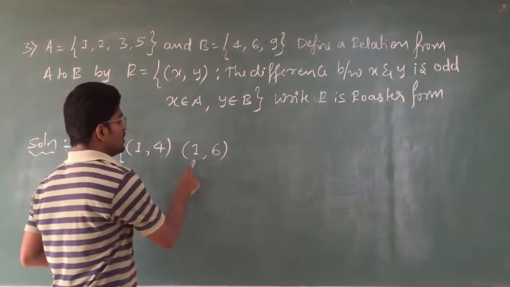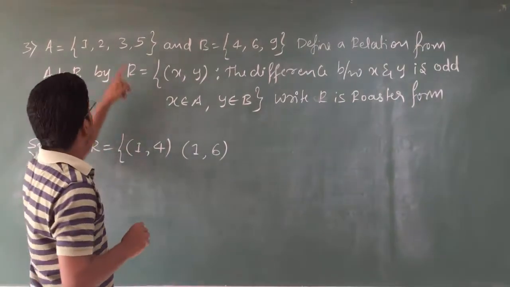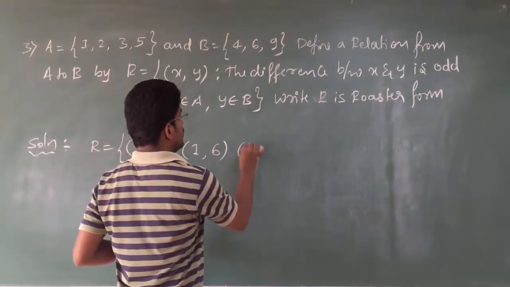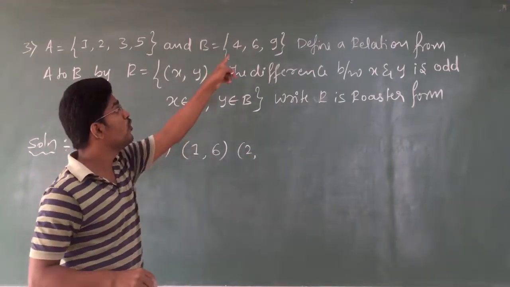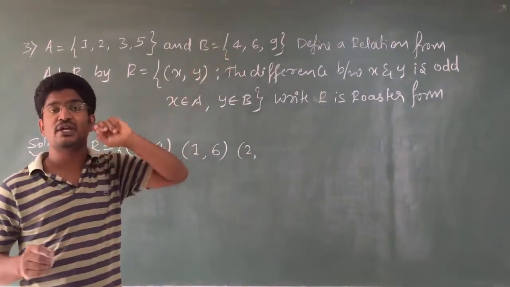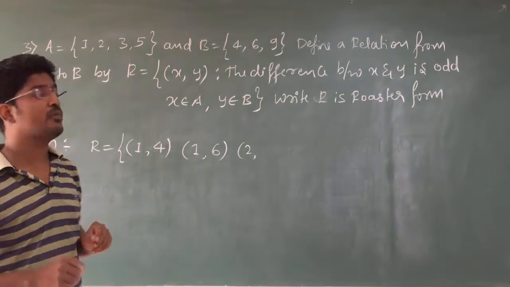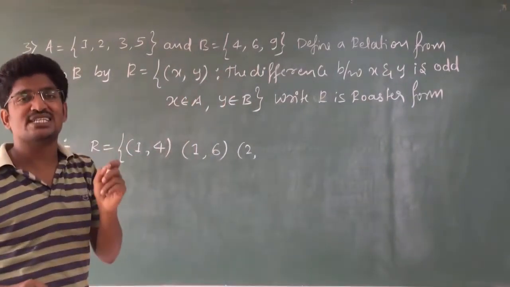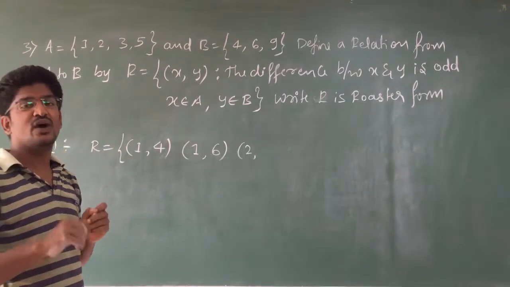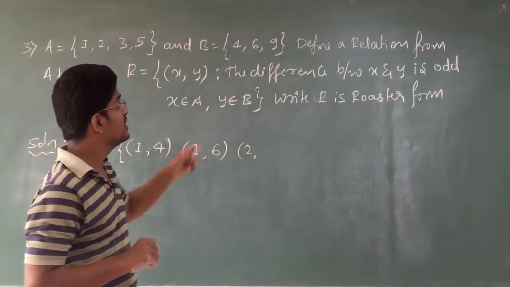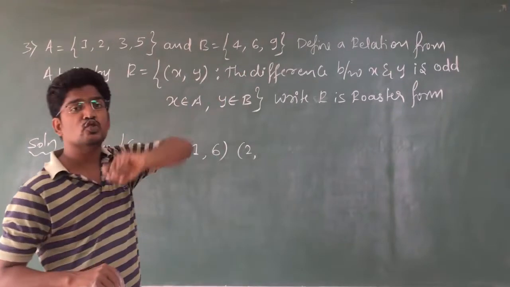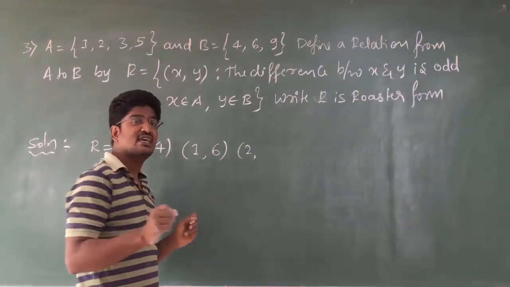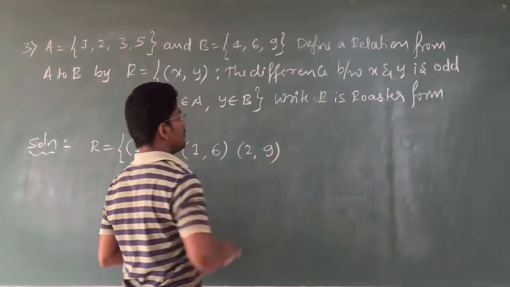So that's why 1 is over. Now go for 2. For 2, can I choose 4? No, because the difference will be 2. 2 is not an odd number. Can I choose 6? No, because the difference between 2 and 6 is 4. 4 is an even number, so I can't take 6. Can I choose 9? I can choose 9 because the difference is 7. So 7 is an odd number.